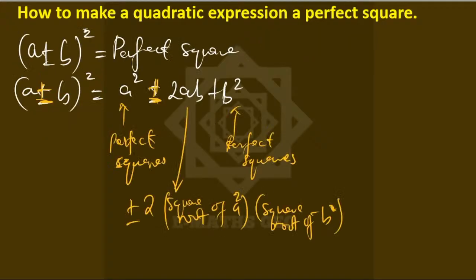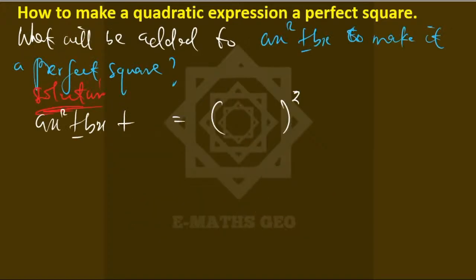See, if you look at this first one, you notice that the first and the last are perfect squares. So for this expression to be a square, it must have 3 terms, and the first and the last must be perfect squares. But here, a squared is not affecting a.